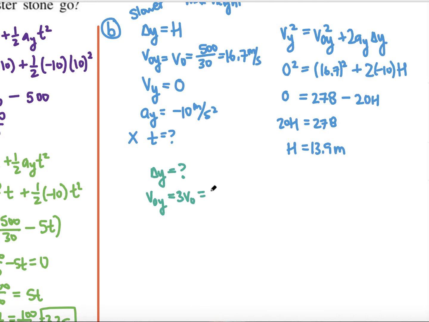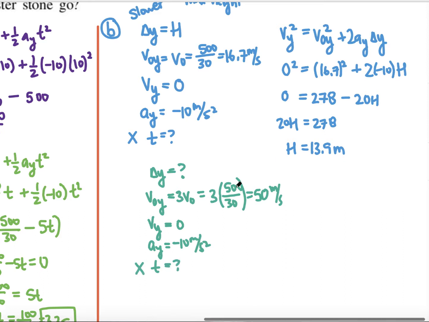So if we write this as 500 over 30, that makes our math a little easier, because our 3's cancel and it's 500 divided by 10, which is just 50 meters per second. Our final velocity is still going to be 0, and our acceleration is going to be -10. And our time is unknown. We don't need it.